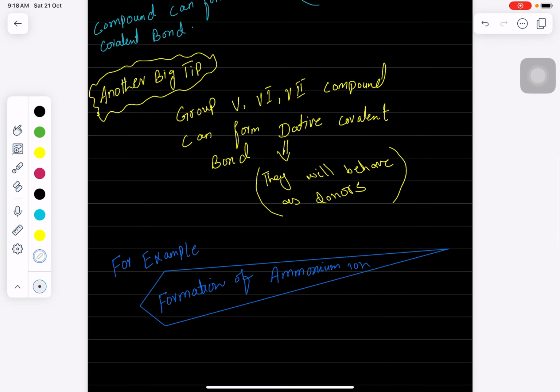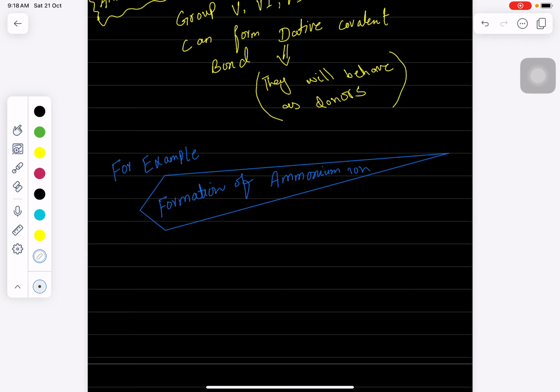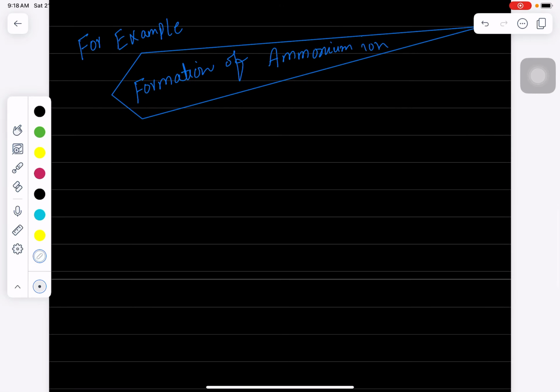For example, formation of the ammonium ion. Now you should know the formula of ammonium: NH4 positive. If the examiner asks us to make the stick diagram or the dot and cross diagram, we have to break it into ammonia, NH3, plus H positive, because NH3 is okay, and the H which has positive one, we will write separately.